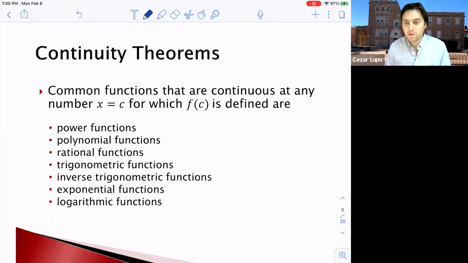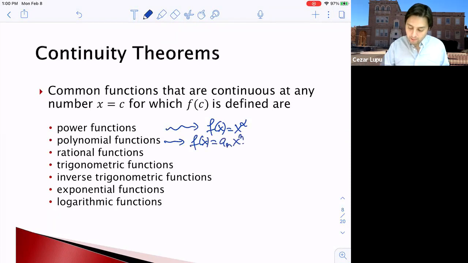So if you pick an arbitrary point x equals c, for which f of c is defined, you can say something like the power functions, x to the power alpha, right? Polynomial functions, which look like a n x to the n plus a n minus 1 x to the n minus 1, and so on.